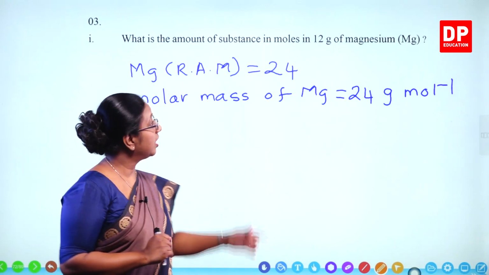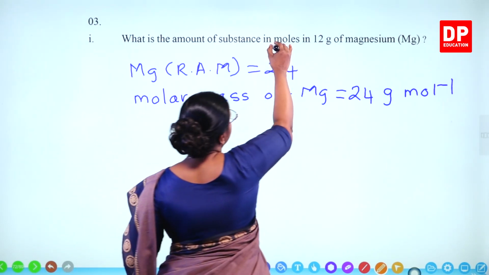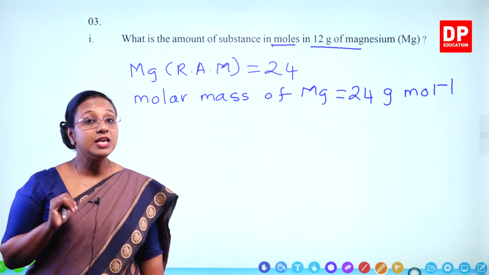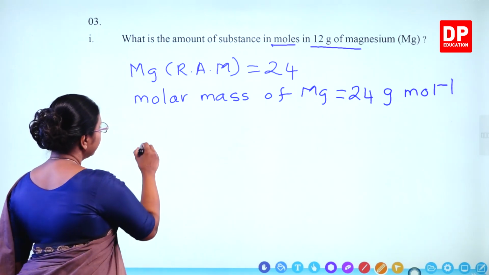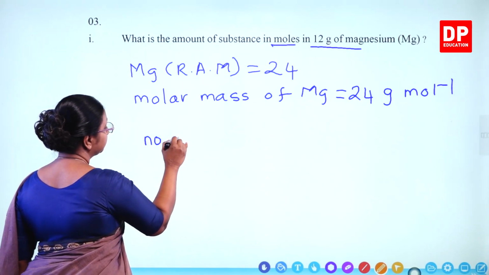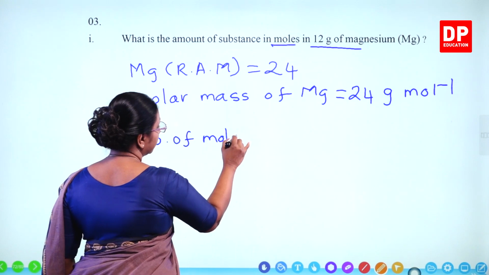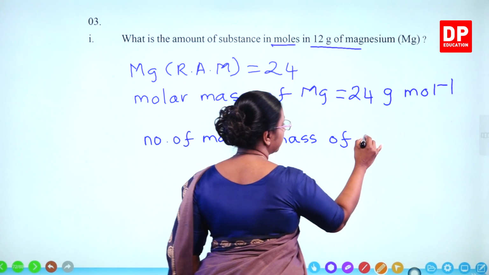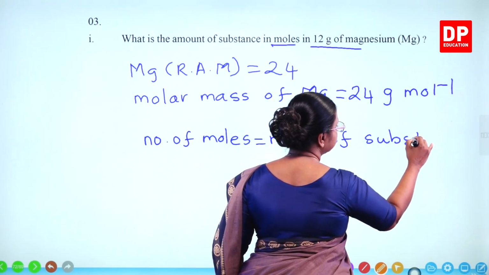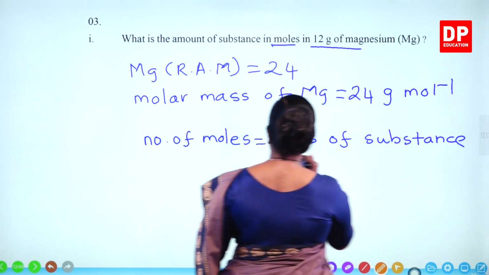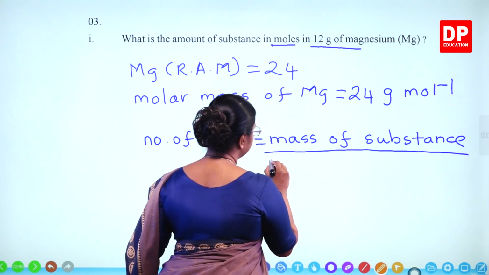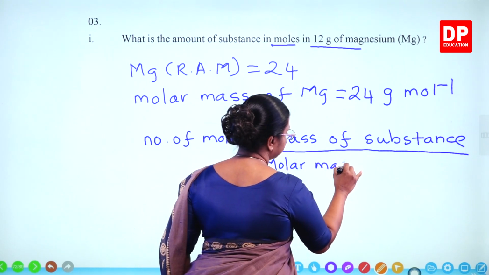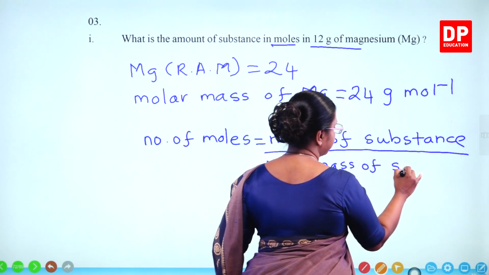Now you are supposed to calculate the moles in 12 grams of magnesium. You know the equation. What do we write? Number of moles equals mass of substance divided by the molar mass of substance.